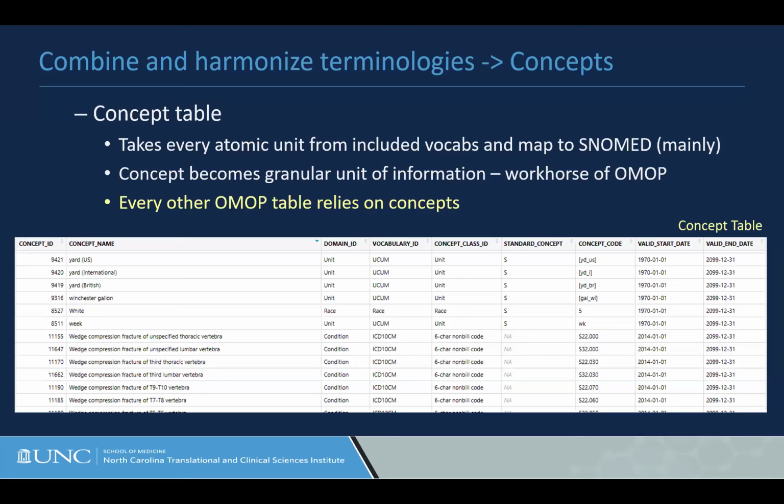The other piece to know is that every clinical data table in OMOP essentially relies on OMOP concepts. So take condition occurrence, where largely diagnoses flow into. All of those diagnoses, whatever they're defined in source, whether that's ICD-9, ICD-10, Nebraska lexicon, those are all going to exist in the condition occurrence in the mapped OMOP concepts.